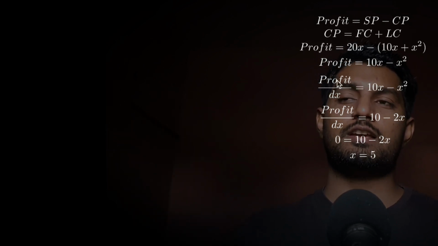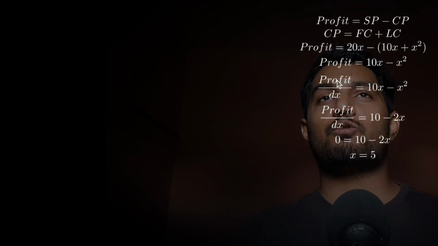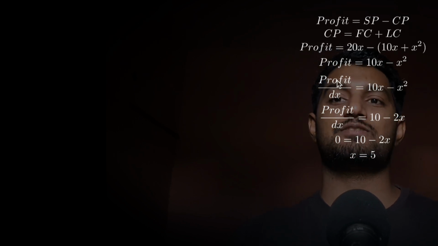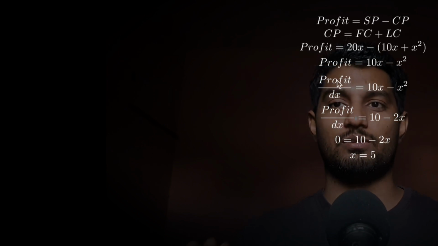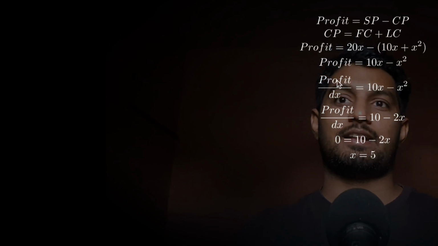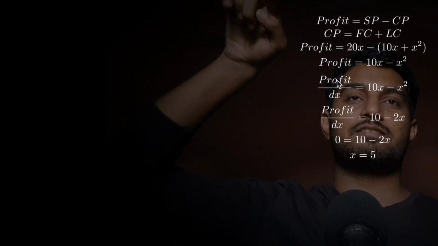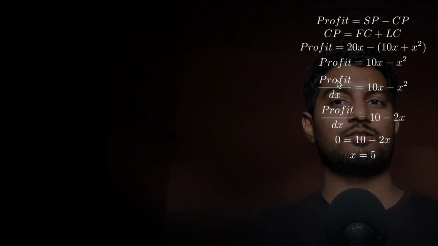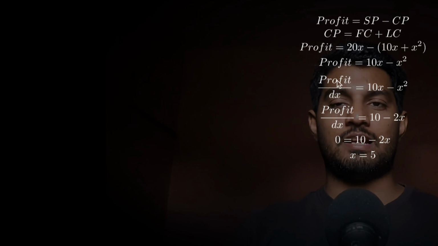If you visualize this, at what situation your rate of change of profit becomes 0, it might be a curve where it is the highest, or it might be where it is the lowest. So I think this paints a good picture for you. I hope you understood the application of derivative.